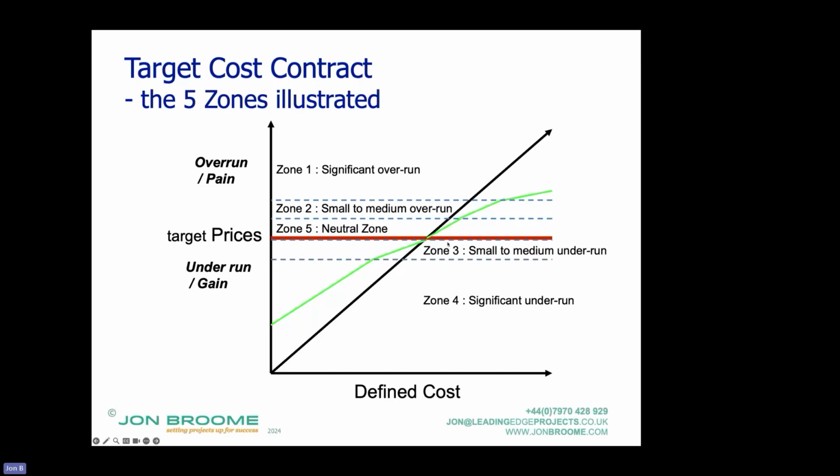The last zone, zone 5, is a neutral zone, and that's just a trick if, for instance, in a negotiated environment, you can't match up, and the contractor thinks it should be, say, 105 million, and the client thinks it should be 100 million. You essentially say within that zone, you're going to be relatively indifferent. Your share of any savings will be the same as of any overrun, and will be the same as your fee percentage.